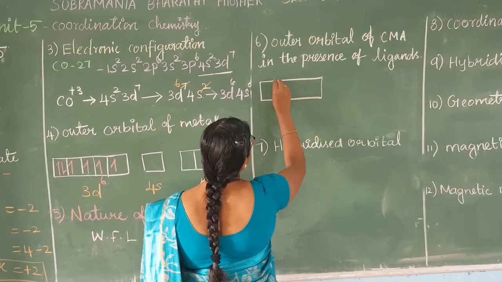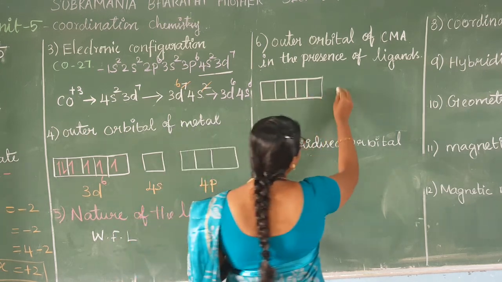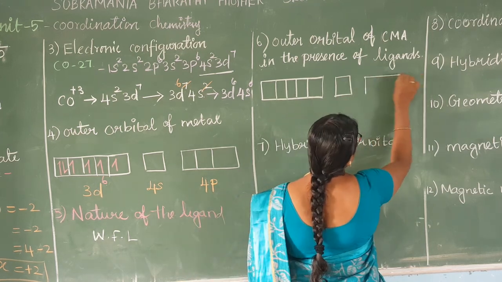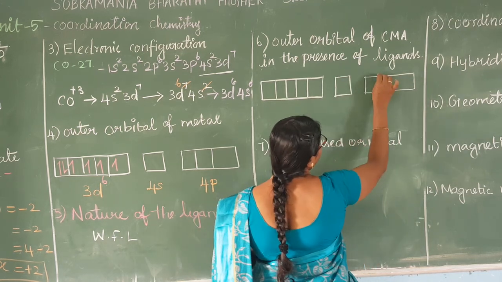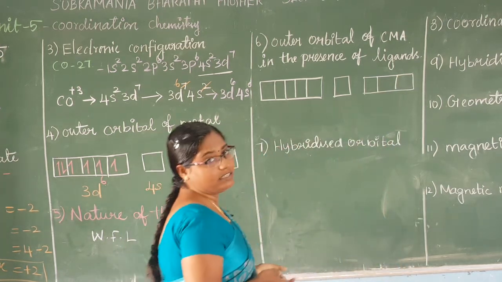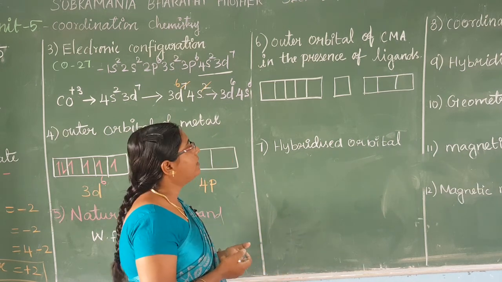The d orbital has 5 degenerate orbitals, the s orbital has 1, and the p orbital has 3. Degenerate means the orbitals have the same energy.